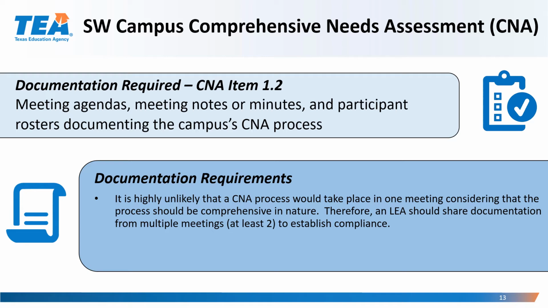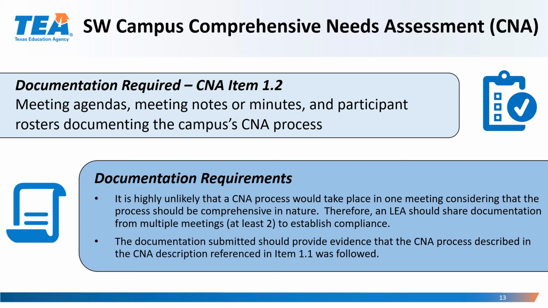Therefore, an LEA should share documentation from multiple meetings to establish compliance, which we would define as at least 2. The documentation submitted should provide evidence that the CNA process described in the CNA description referenced in item 1.1 was followed.